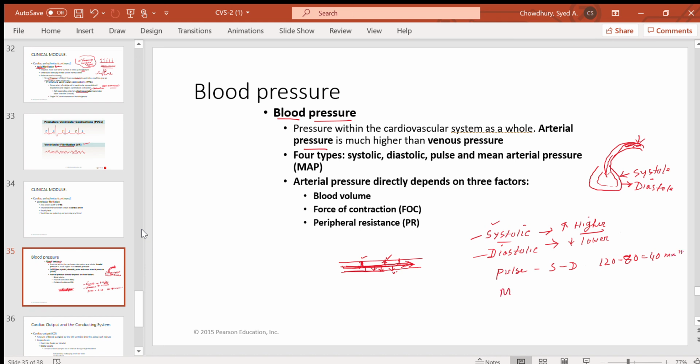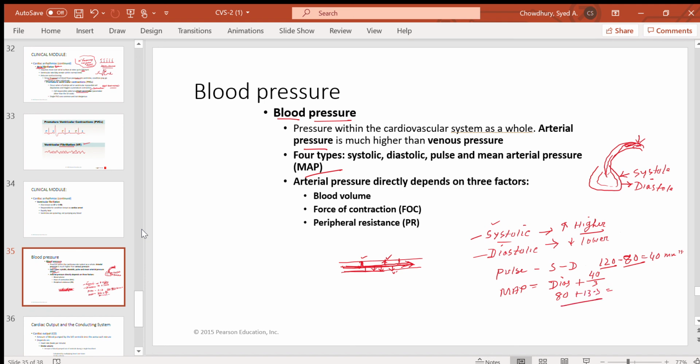And mean arterial pressure, or MAP, is measured by diastolic plus 1/3 of pulse pressure. So here diastolic is 80, systolic is 120, so it is 80 plus 1/3 of pulse, that means 40 divided by 3, we can say 13.3, right?